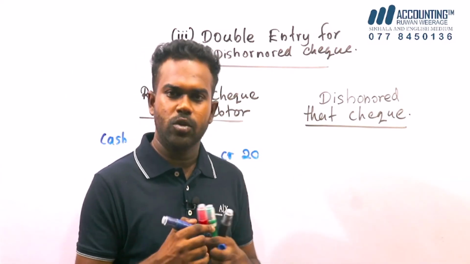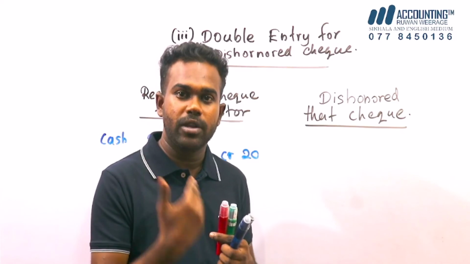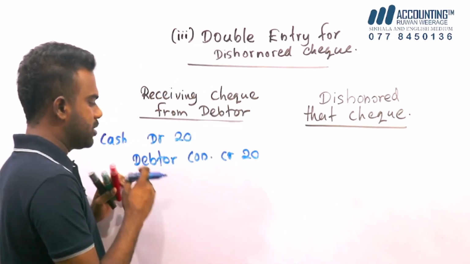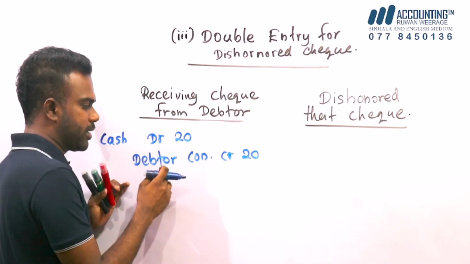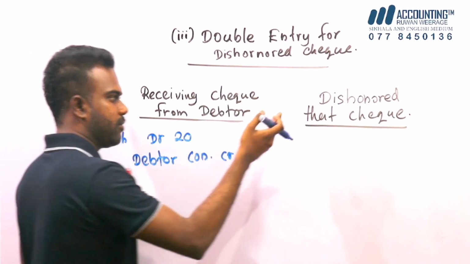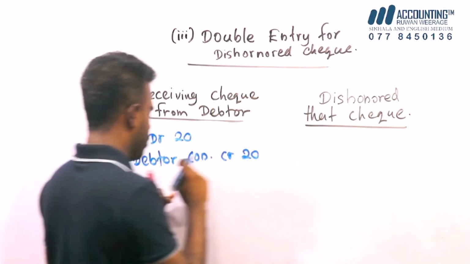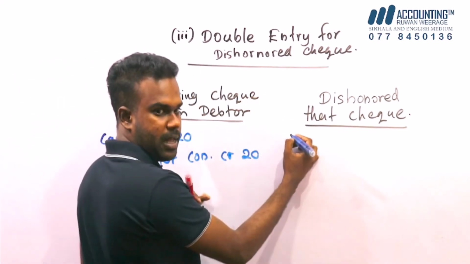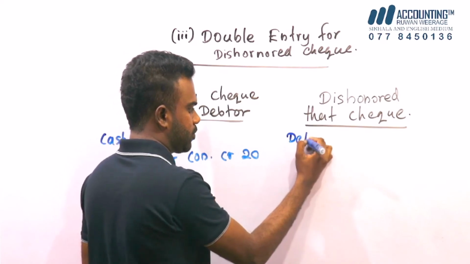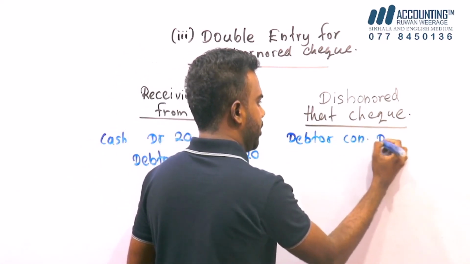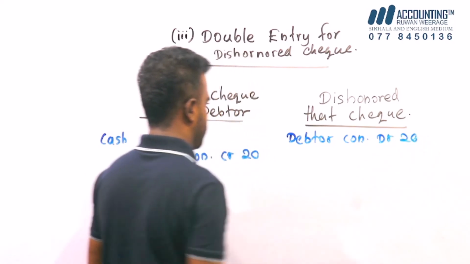But when it is dishonored, we have to reverse this entry. So what is the entry? Cash debit, debtor credit, but when it is dishonored, when it is rejected, we have to reverse this. Look at debtor credit, then we have to debtor debit. Debtor control debit 20,000.